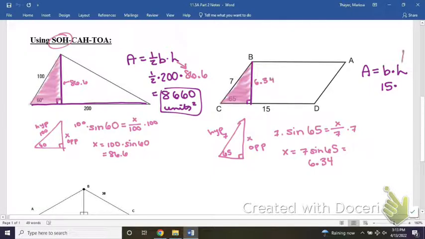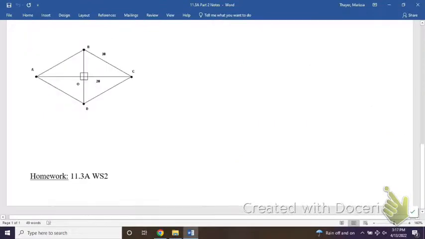Now I have the information to get my area. Area of a parallelogram is base times height. My base is 15. My height is 6.34. When I plug that in, I get 95.16 units squared. Very good. I'm going to scroll down and look at this last one.